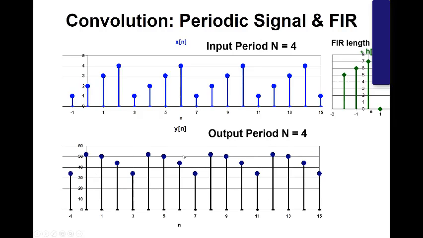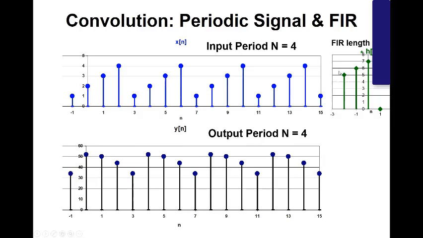We get a different shape function, but it is periodic, with a period of 1, 2, 3, 4. Every 4 samples, it repeats the same pattern, matching the periodicity of the input signal.